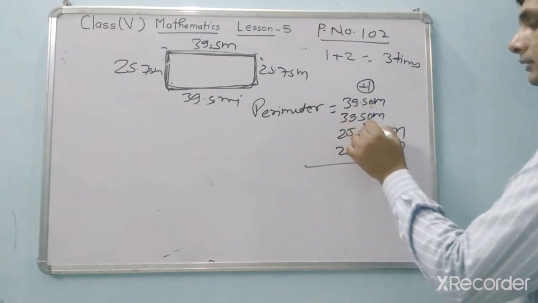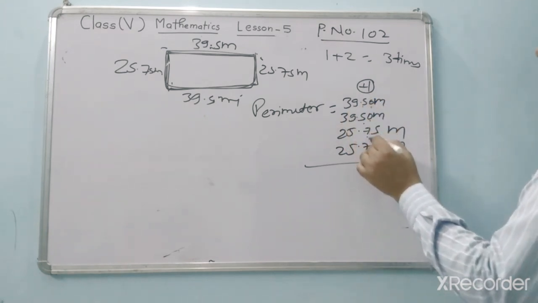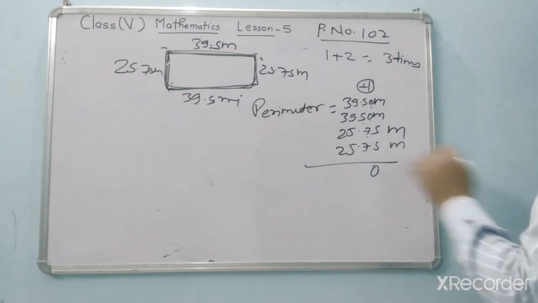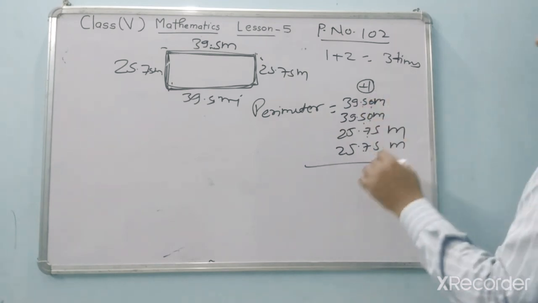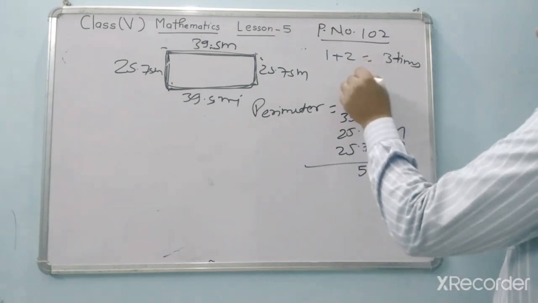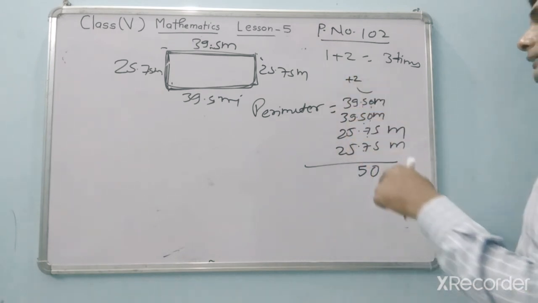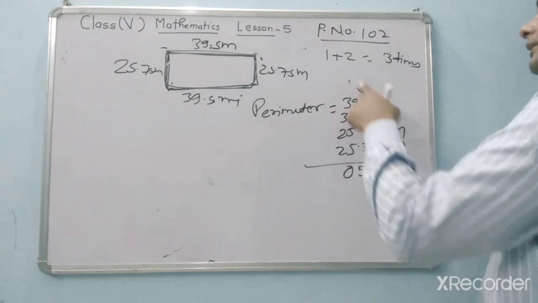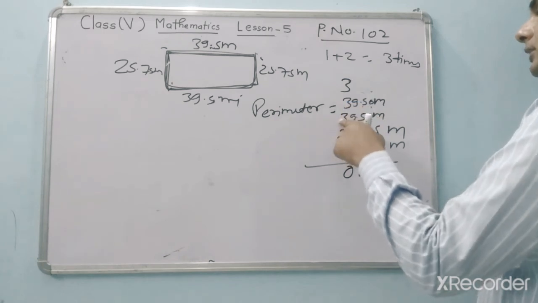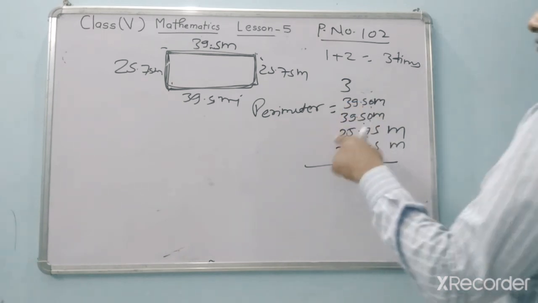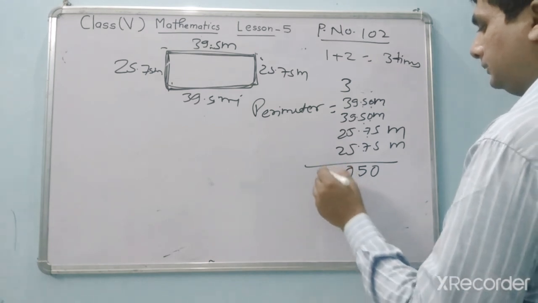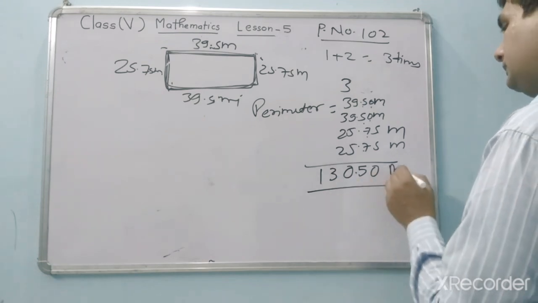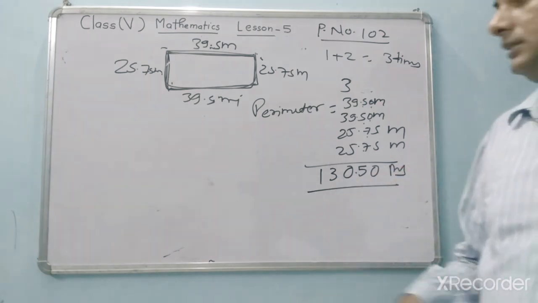So 5 plus 5, 10 plus 7, 17 plus 7, 24, plus 1, 25. Now how much carry? 2. So 9 plus 9, 18 and 10, 28 plus 2, 30. Now carry will be 3. So 3 plus 3 plus 3, 9 plus 2, 11 plus 2, 13. Now put the decimal before 2 digits. So 130.50 meter. This is the one time.